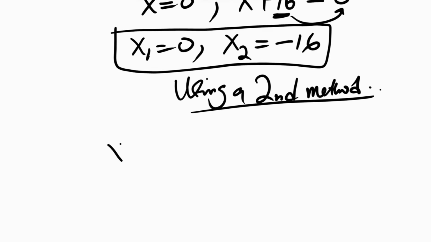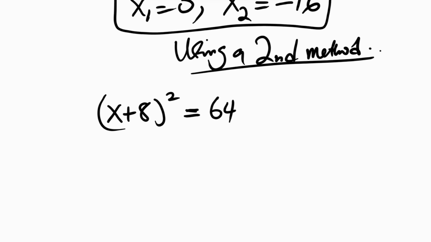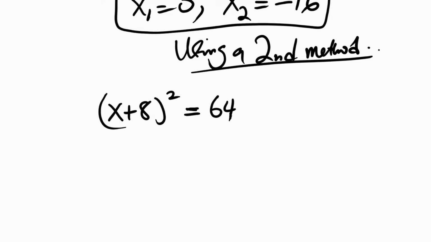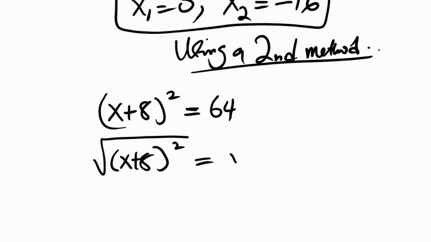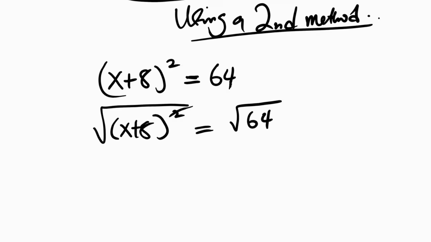Now the question is (x + 8)² = 64. Find the square root of both sides. If we apply square roots to both sides, we have √((x + 8)²) = √64. These cancel out, so we have x + 8 equals the square root of 64, which gives us plus or minus 8.